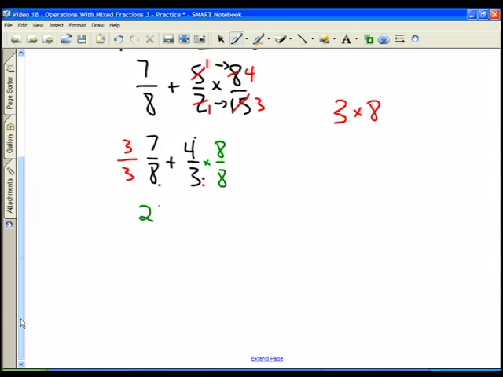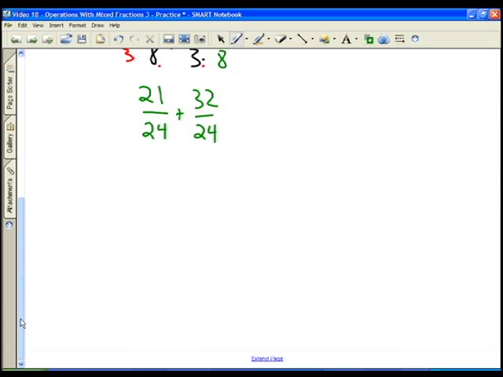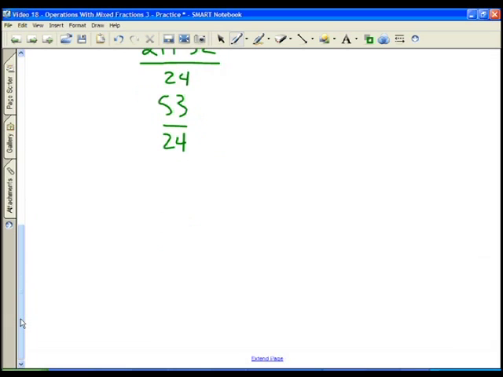And you can see now that gives us 21 24ths plus 32 24ths. And now that will give us 21 plus 32 all over 24. And that'll give us 53 over 24. And now we can see that 24 goes into 53 2 times. 2 times 24 is 48.